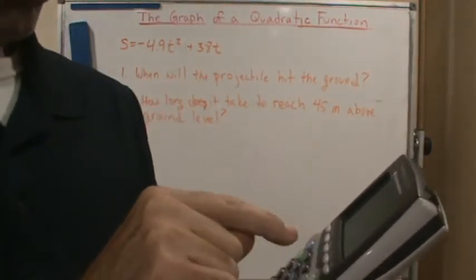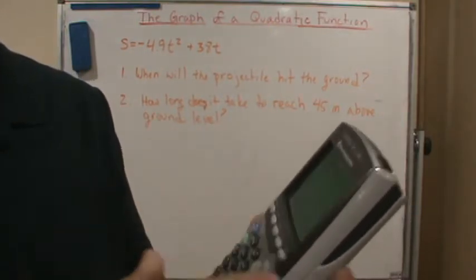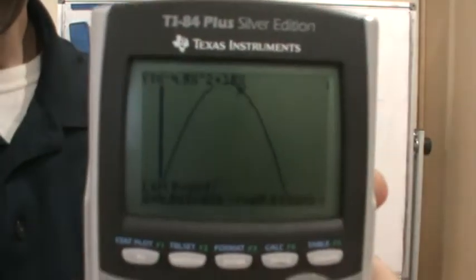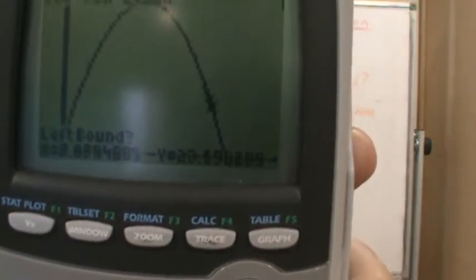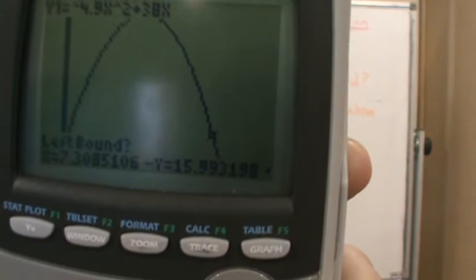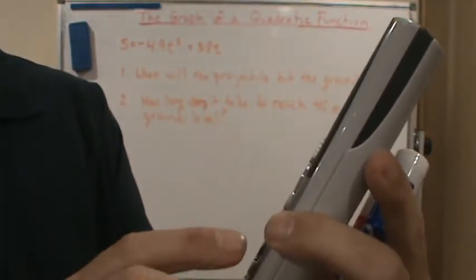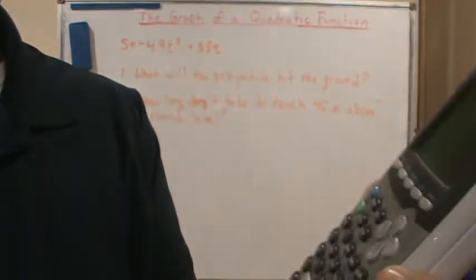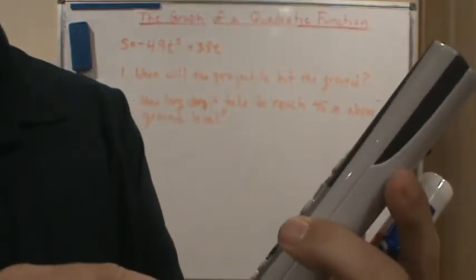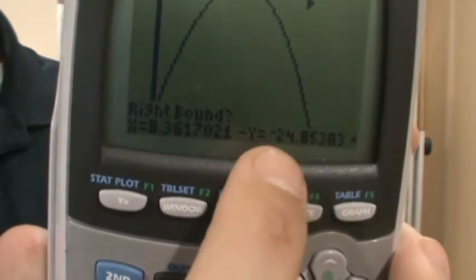So now let's go over here. I'm going to go all the way to here, I want this side. And now I'm going to keep going till I'm below, and I know I went below because this is negative.